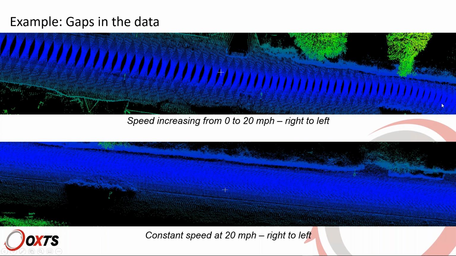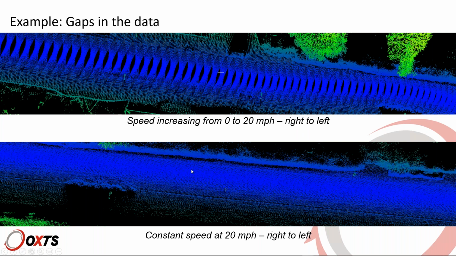So as the vehicle was traveling right to left and increasing its speed, you can see that these black gaps here are widening, becoming wider and wider as the speed increases. While down here you can see that with an average speed of 20 miles per hour, the result was perfect, no gaps, even with the same speed that caused issues at the top.